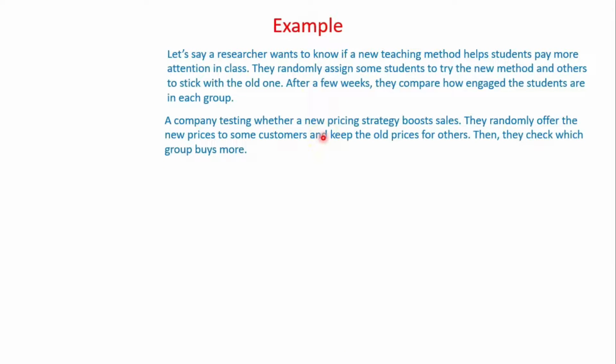So we offer the new prices to some customers on a random basis and offer the old price to other customers also on a random basis. Then we check the group that buys more so that we'll know whether the new pricing strategy is okay for us if we want to increase sales, or we should go with the other, that's the old pricing strategy. You see, so that is experimental.